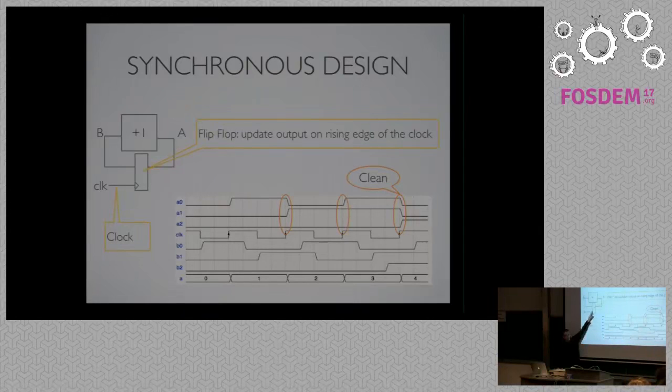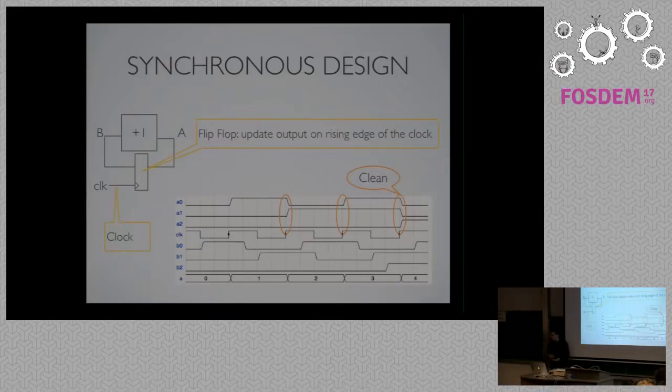With this kind of circuit, you have a perfectly clean output. That's the reason why we almost always use clocks in digital circuits. And that's the reason why any digital circuit has a maximum clock rate, due to the time it takes for the loop.